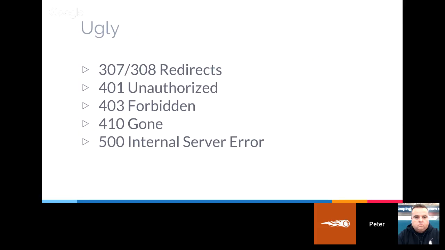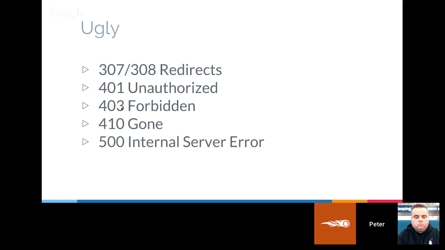And ugly status codes are those that you should never return to Google or to any other bot. These are redirects like 307 or 308, which shouldn't be returned to Google. This is also 401, which requires user authentication, an HTTP password. Another that you should never return to Google is 403.